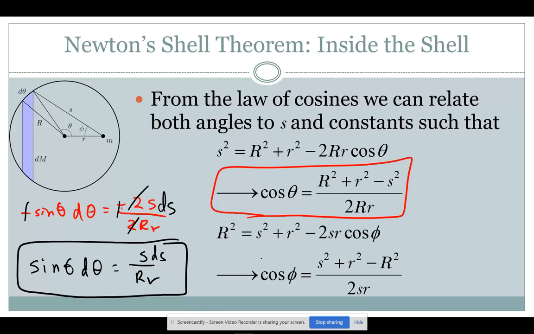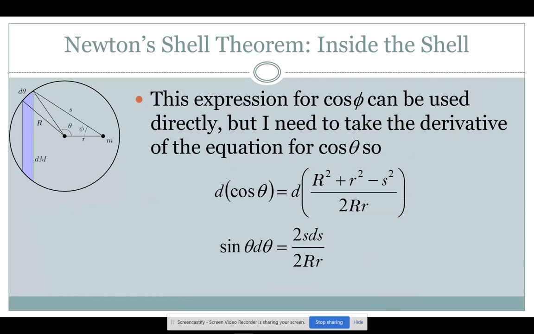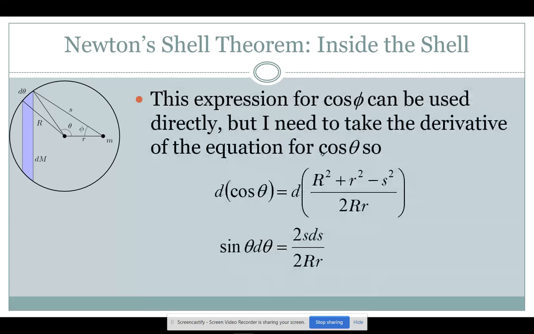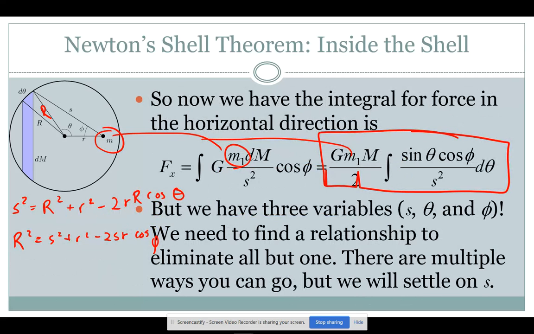So now I have something to substitute for sine theta d theta and something to substitute for cosine of phi. I'm going to substitute the two things I have in black boxes into the equation for df. I substituted in, and it comes out to be something pretty simple. Let me go back a couple slides just so you can make sure.